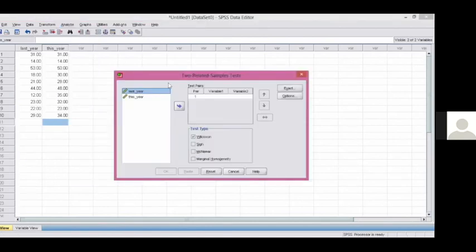Then we click on test pairs: for the first pair, the first variable, we click here, and for the next one we click again for the second variable. Our aim is to perform the Wilcoxon signed rank test and the sign test, so we click the tests we wish to perform. Then we click OK.